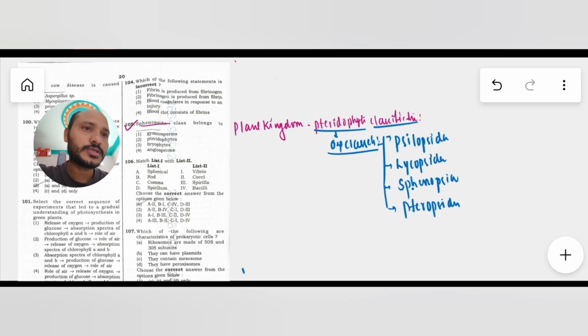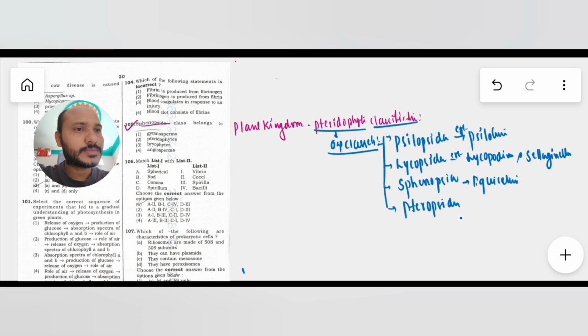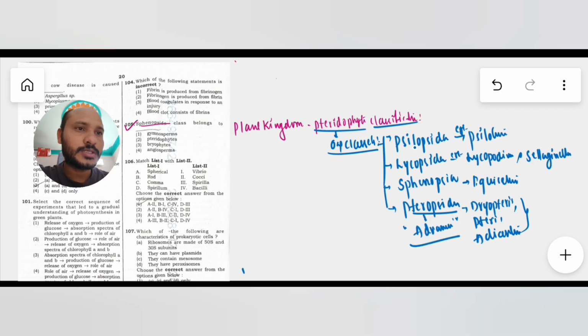An example for Psilopsida is Psilotum. For Lycopsida, Lycopodium and Selaginella. For Spinopsida, Equisetum. For Pteropsida, Dryopteris, Pteris and Adiantum. Pteropsida is the advanced group, and Psilopsida is the primitive group. So in the question, Spinopsida belongs to the third group, with example Equisetum, and the right answer is pteridophyte.